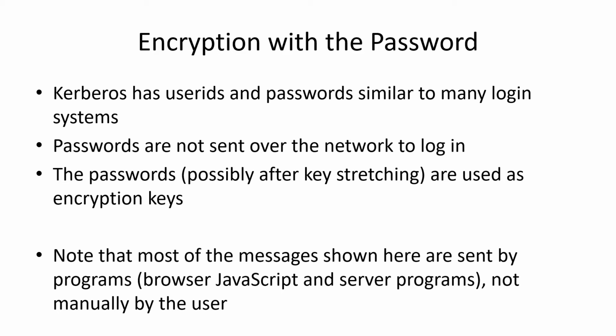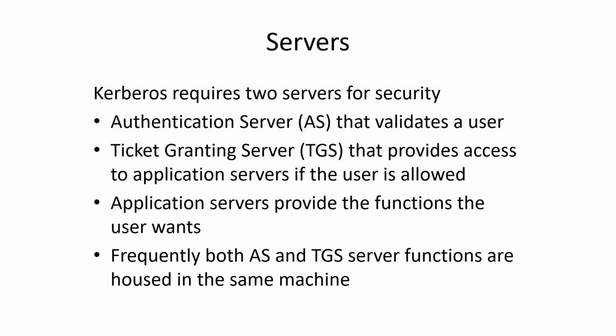There are a lot of messages sent back and forth between different server machines in Kerberos. Most of these happen automatically without the user having to take any manual intervention. In addition to application servers or APIs that the user wants to access, Kerberos requires two servers. Frequently, these two server systems are located in the same machine.